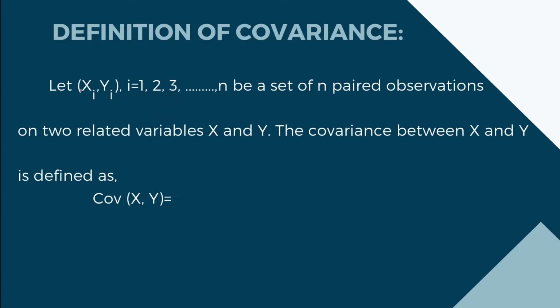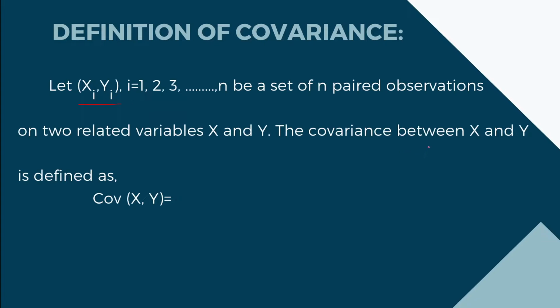Let x and y be a bivariate data taking values xi, yi for i equal to 1 to n, be a set of n pair observations on the two variables x and y.